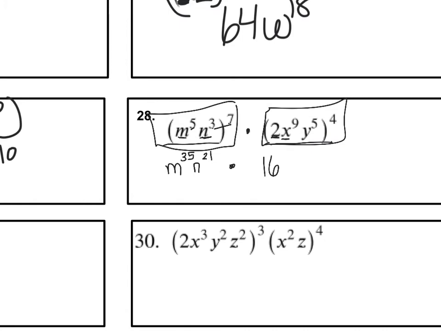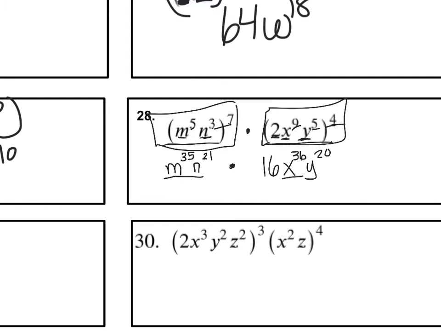And then I have x base with a power to a power. So 9 times 4 is 36. And then I have y, one base, power to a power, 5 times 4 is 20. Now, it says to multiply this.